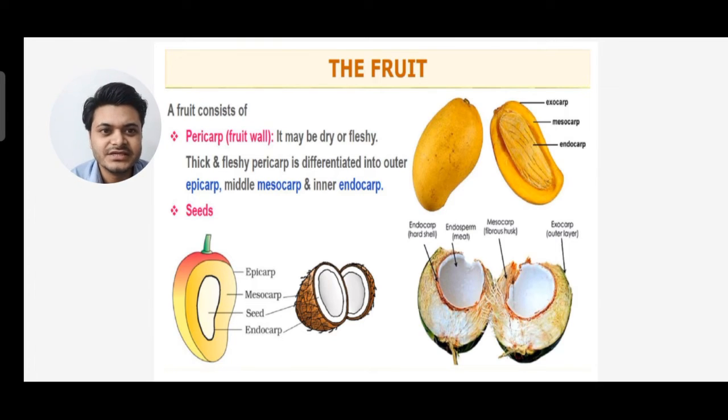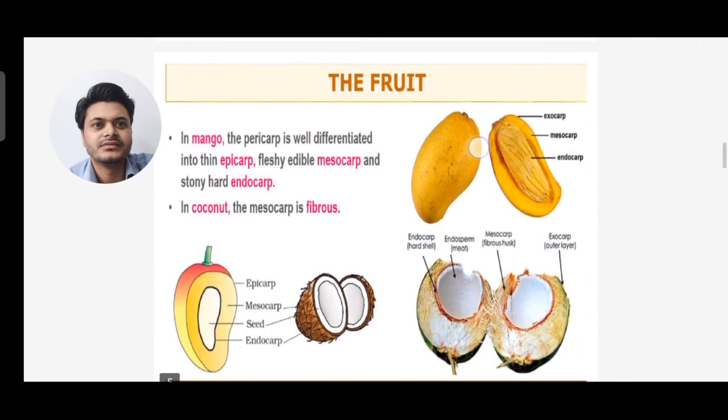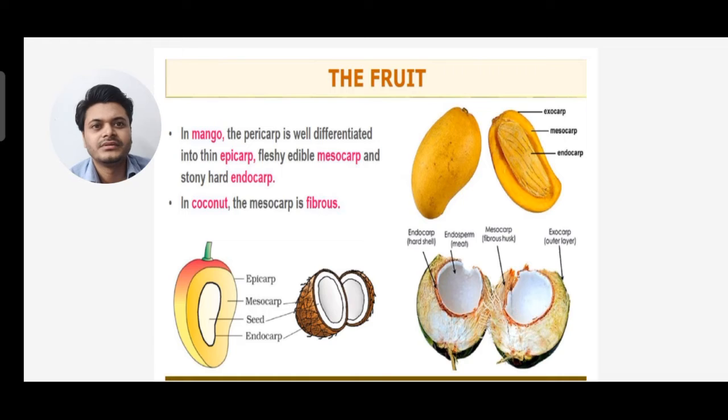You can see the seed also. The endocarp is what? It is a hard shell. And the endosperm, you see, and the mesocarp is also there, the exocarp is also there. Now in mango, the pericarp is well differentiated into thin epicarp, fleshy edible mesocarp and stony hard endocarp.